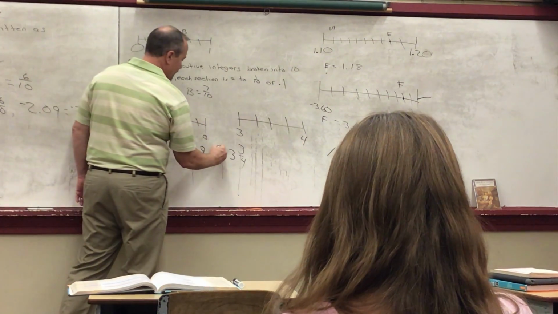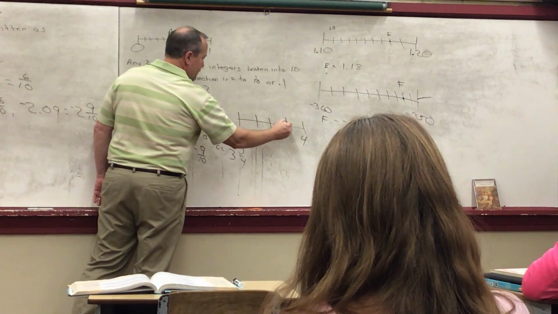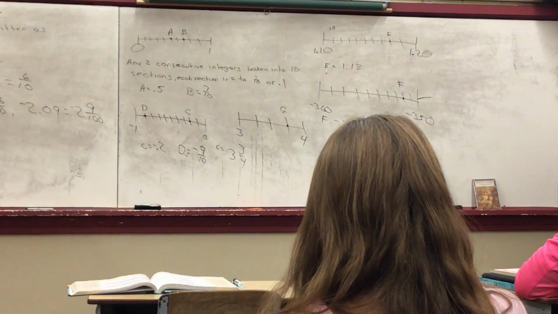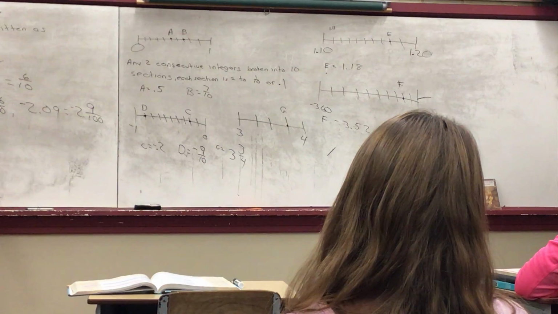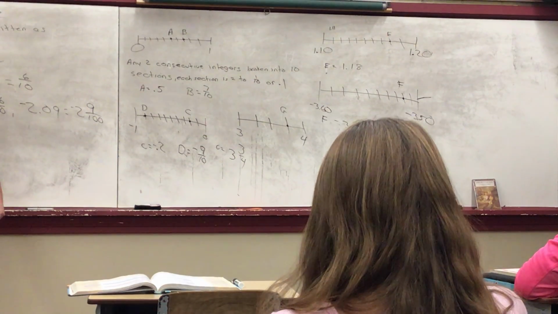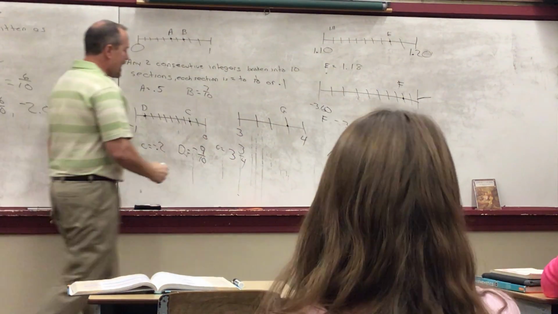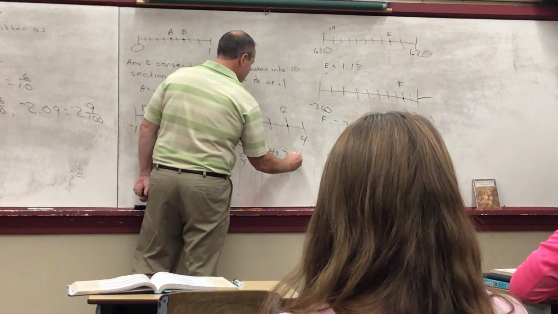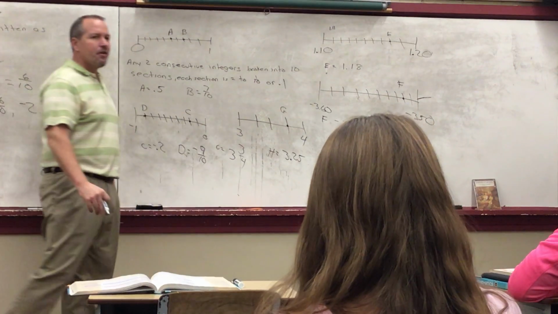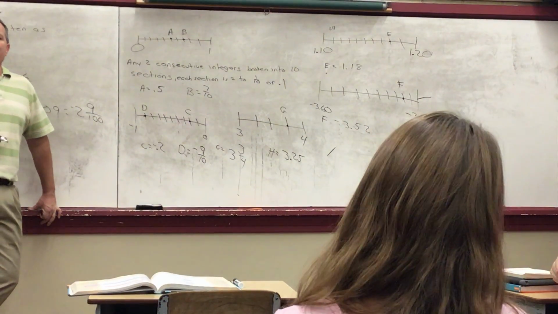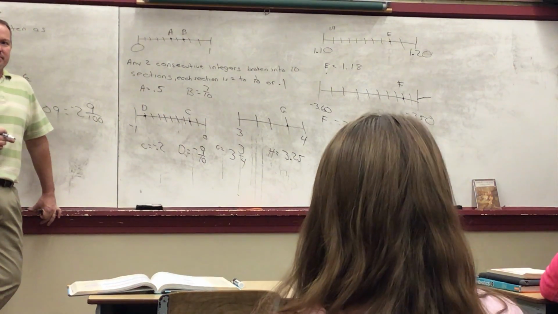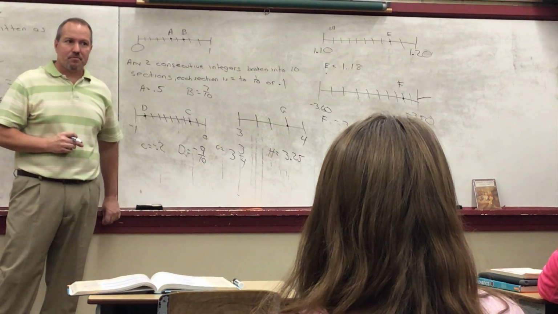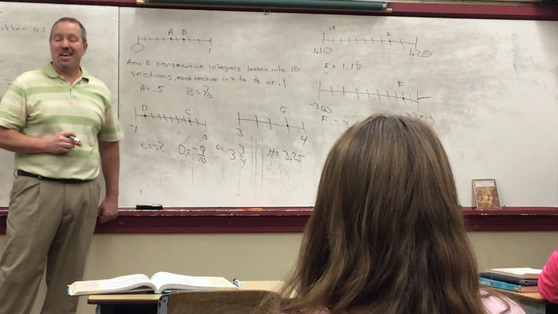So if this is letter G, 1, 2, 3, letter G would be located there. What if they gave us this? 3.25. Right now, is it very easy? Not really, is it?